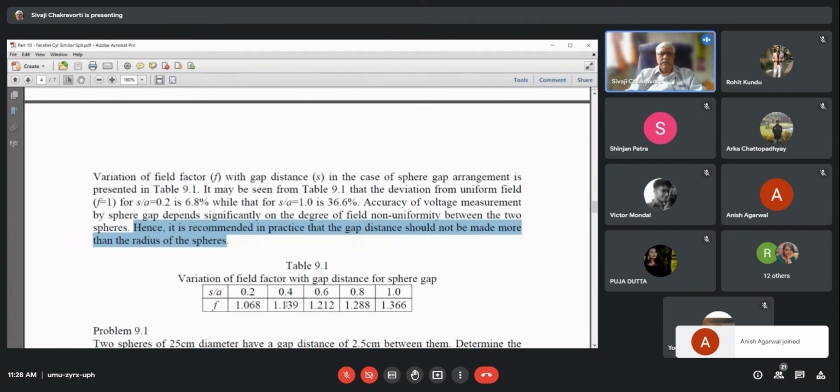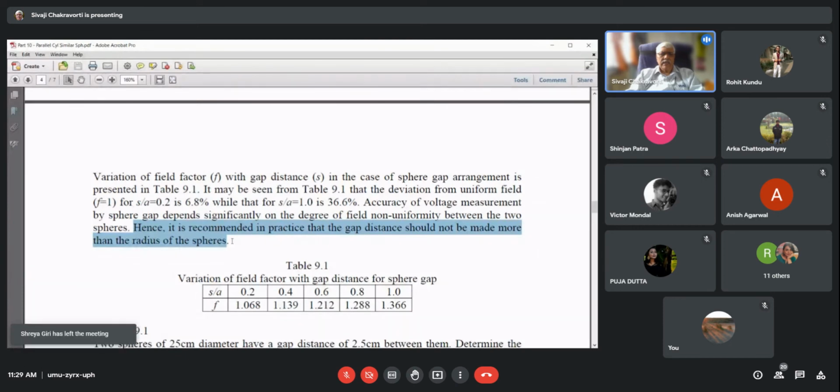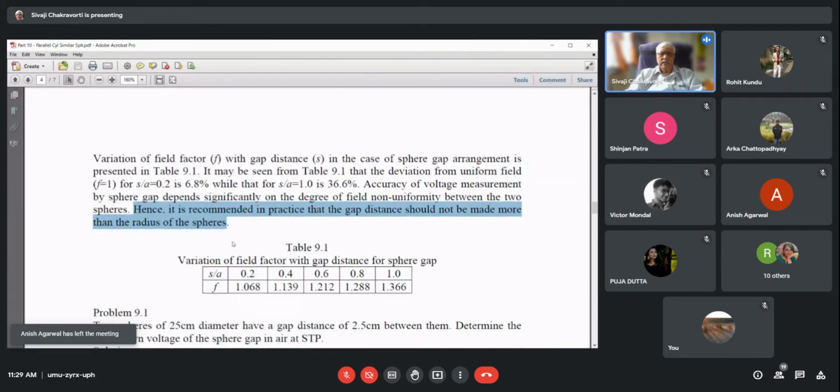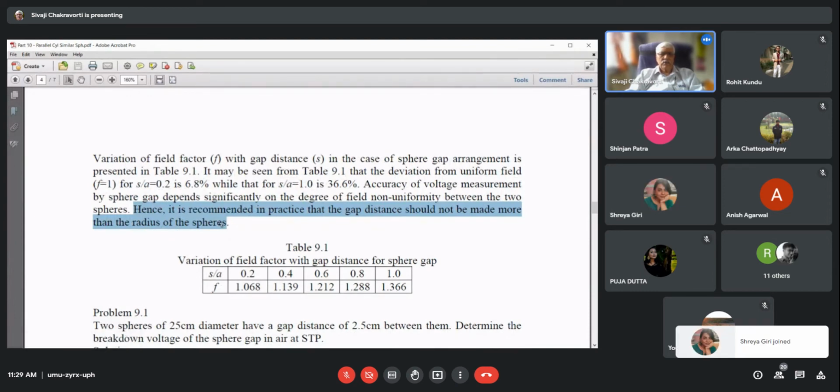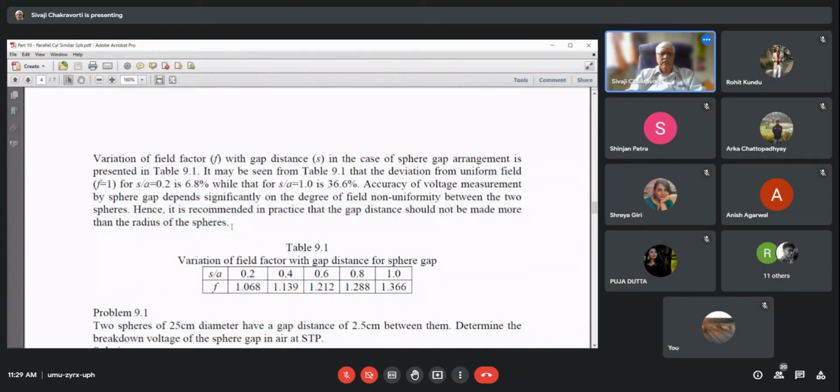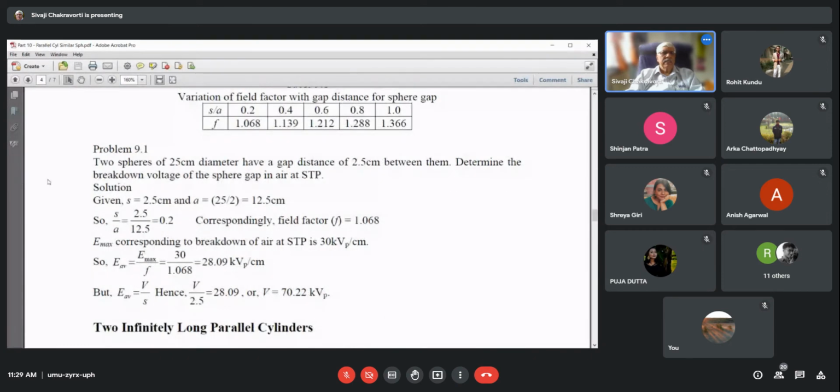That is practically acceptable. And that is why the Indian and international standards recommend that the gap distance should not be kept more than the radius of the sphere. So again, you can see that the discussion we are doing today has very clear practical implications. It's not a theoretical discussion.